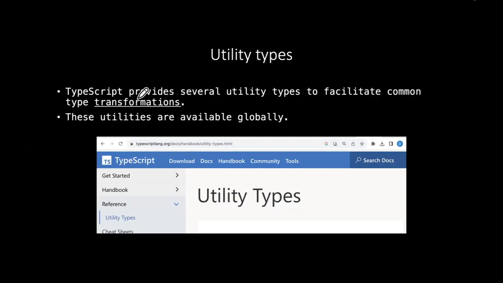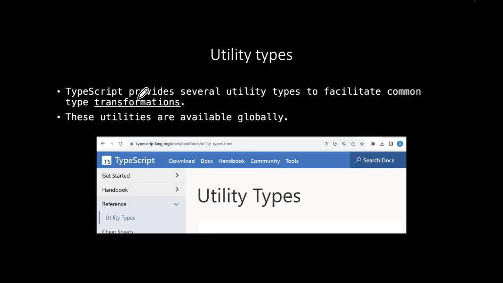They're not native to the language. They've just been added in as custom extras by the designers of the TypeScript language. And also the open source community have come up with lots of other utility types, but those ones don't come with the language when you install it. You have to install them as a separate library.